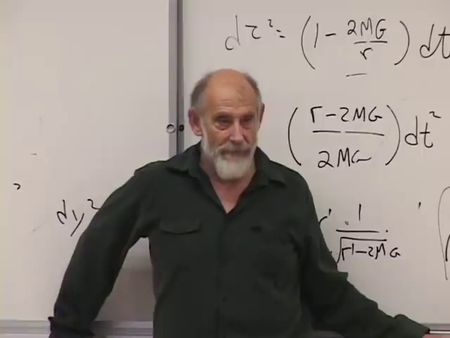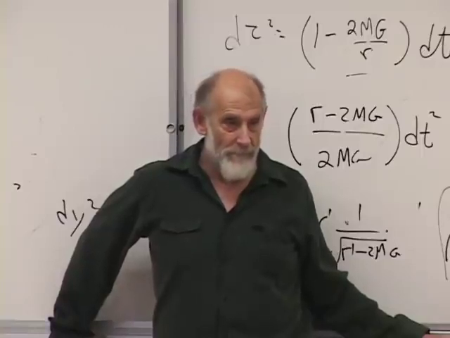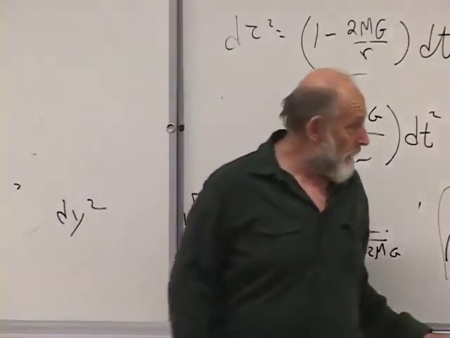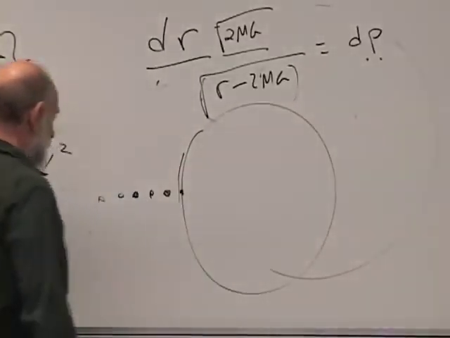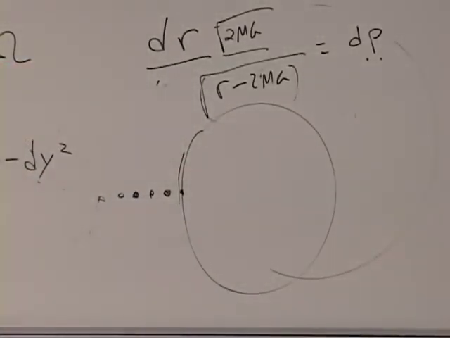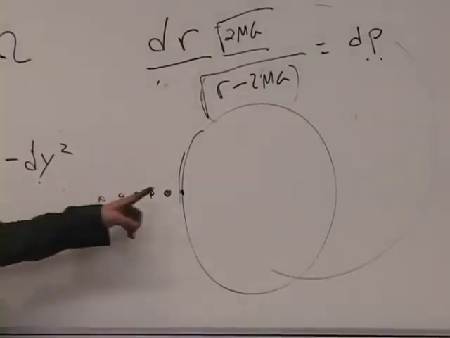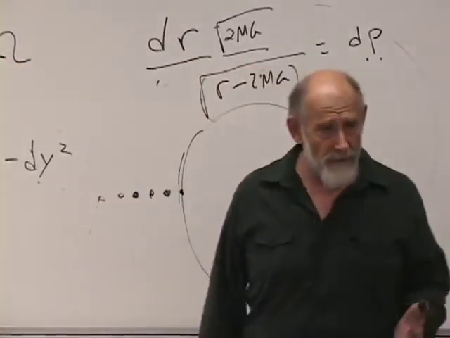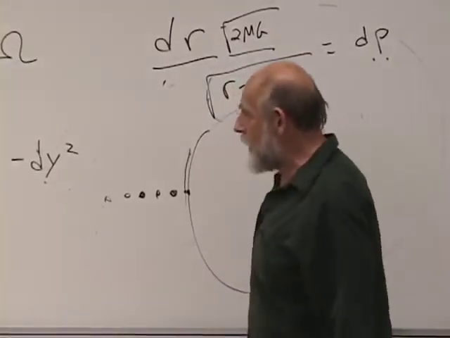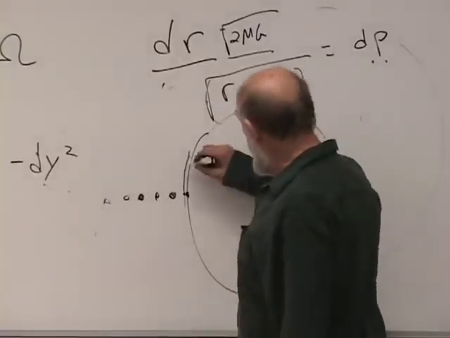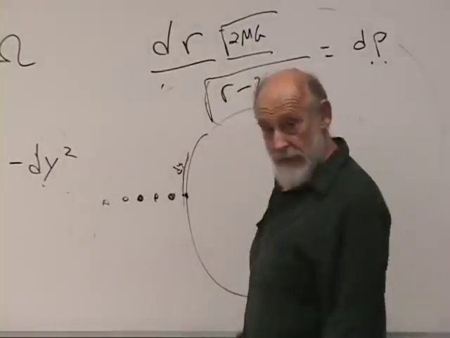If an object is moving along dy or dz, which means moving right on that surface, would it continue moving there? No, it'll fall into the horizon. But if space is flat there, it should keep being flat. Yeah, the problem is that these trajectories that move along here are going to be space-like. And why is that? Supposing we have a trajectory very close to the horizon, that's moving with a dy or a dz.